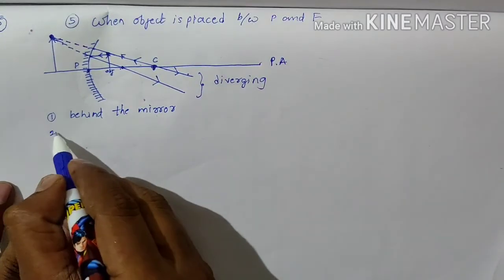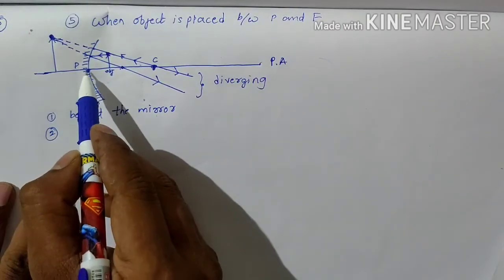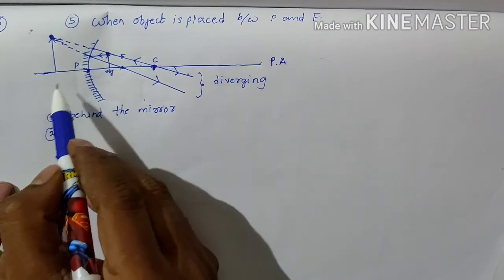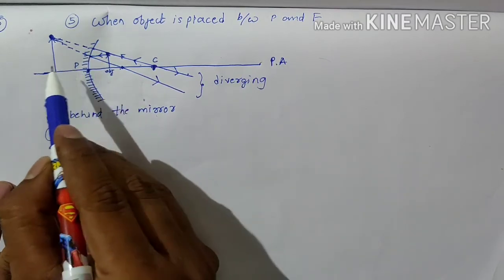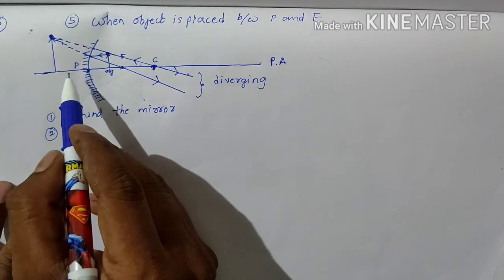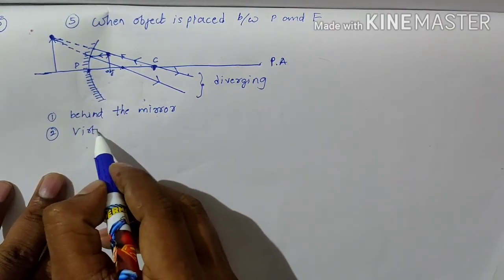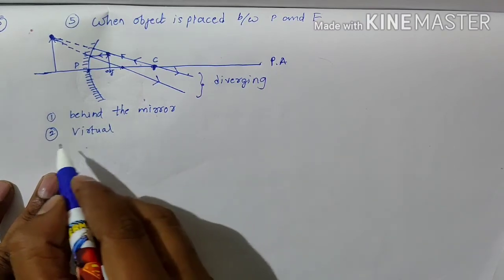And the second point: if you observe this, the image is not formed on the screen, it is formed behind the mirror. In the sense, it is formed inside the mirror. That means the image formed in the mirror is a virtual image.